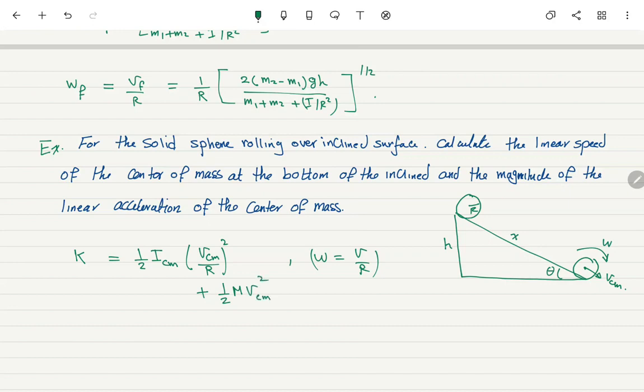The ball here is actually having two kinds of kinetic energies: rotational kinetic energy and translational kinetic energy. So the rotational kinetic energy, it's equal to half I omega square, and the translational kinetic energy, it's equal to half m v square. So in total, K here, it's equal to half times I center of mass divided by r square plus m, times v center of mass square.